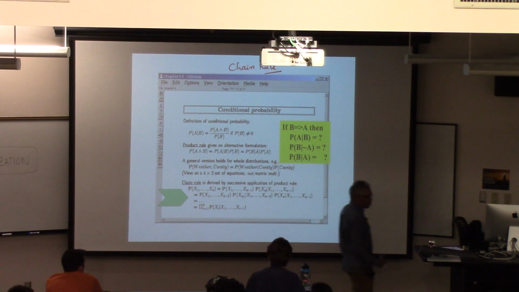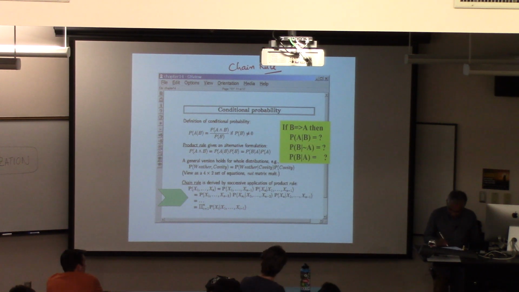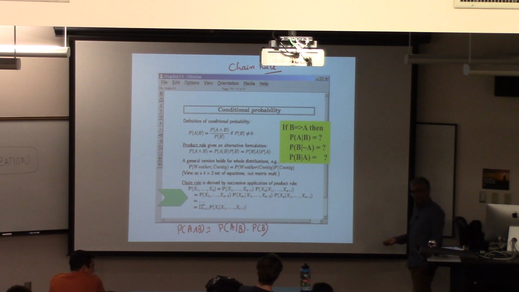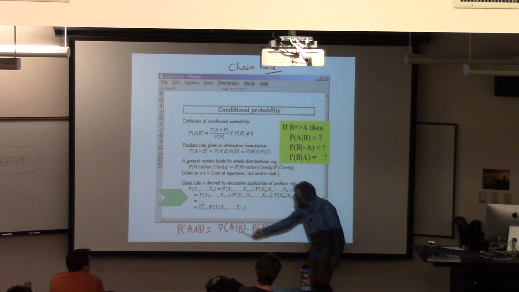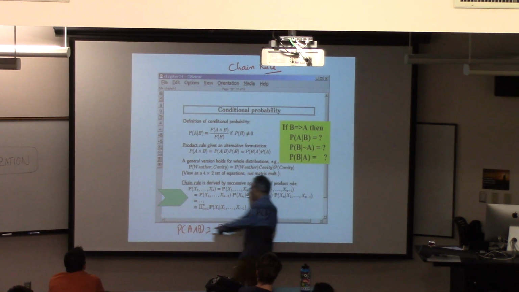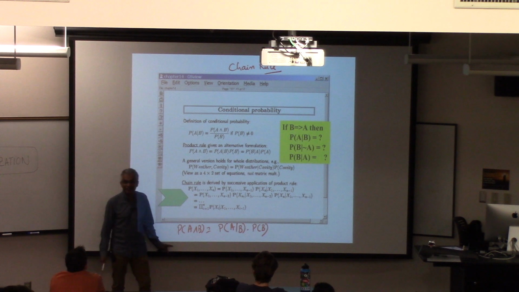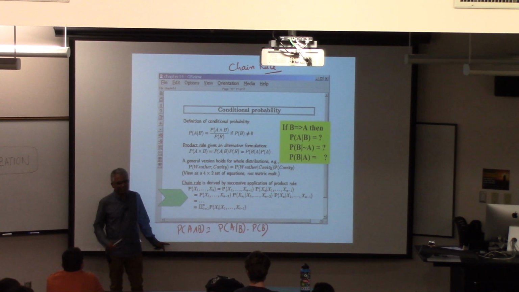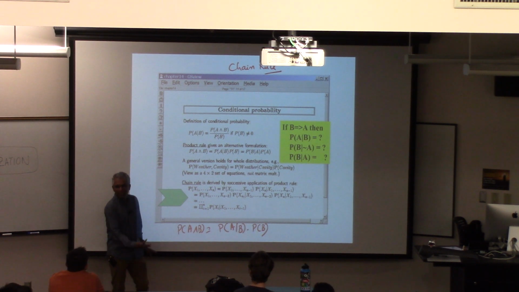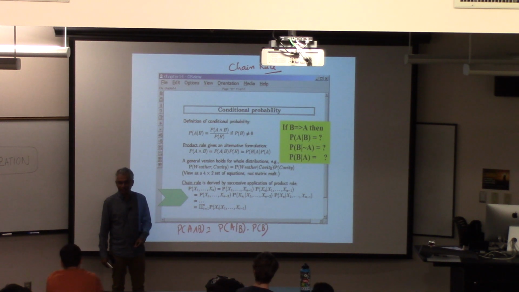And the chain rule of probabilities is very useful because if you notice what happened was you found the probability of A and B is probability of A given B times probability of B. Right? How do I know this? Because probability of A given B is defined as probability of A and B by probability of B. So I just extremely cleverly took the denominator, put it on the other side, and then I have the chain rule.